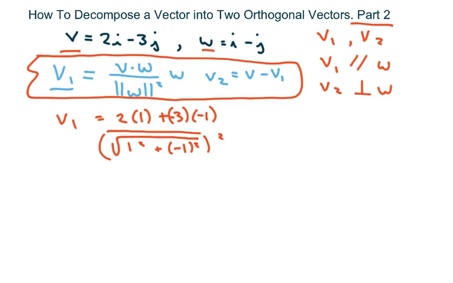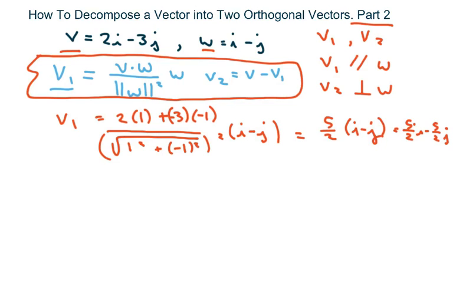And W is I minus J. So what we're going to get is 5/2 I minus J, and this equals 5/2 I minus 5/2 J.